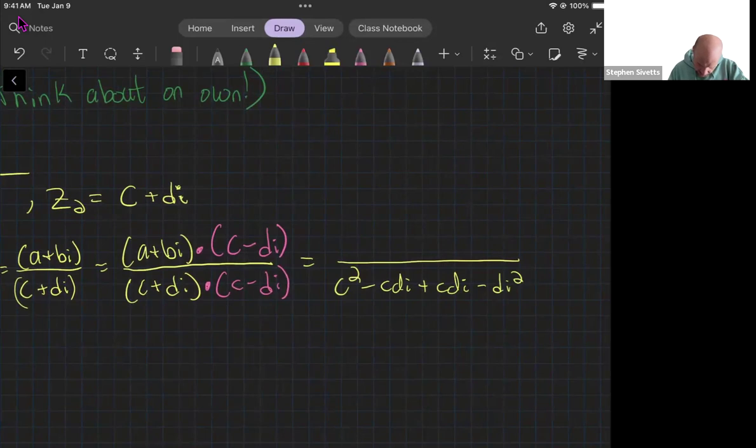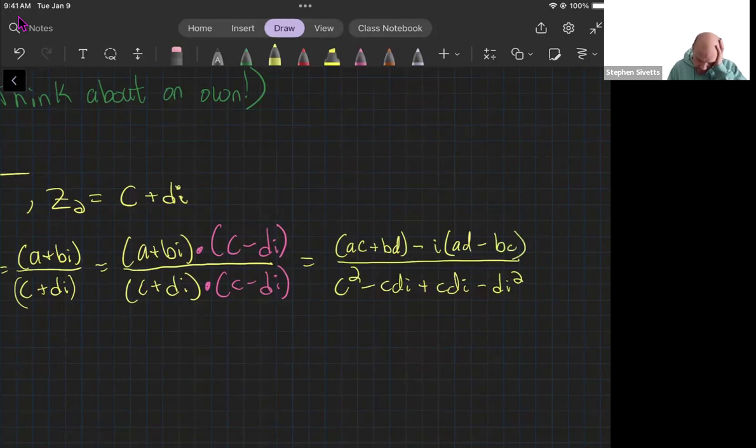And then you'll have the top as AC plus BD minus I times AD minus BC.